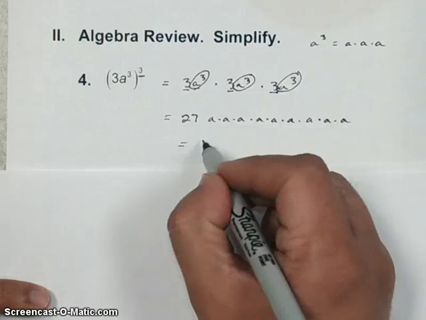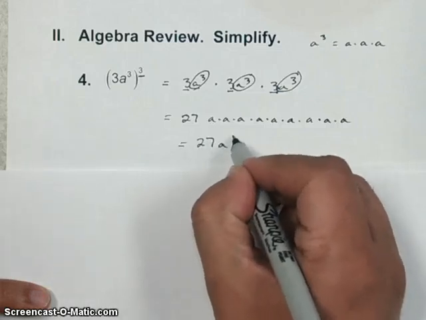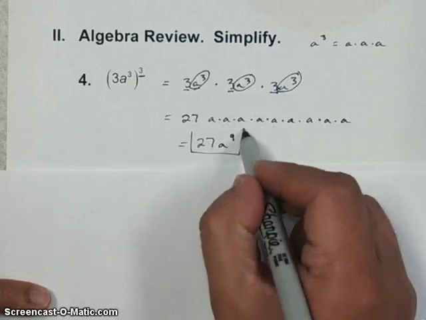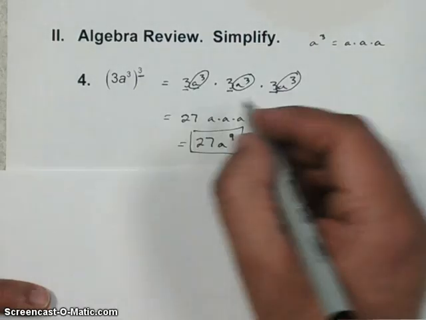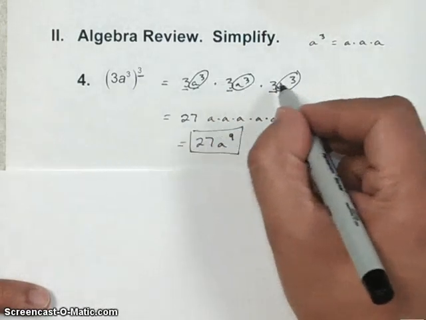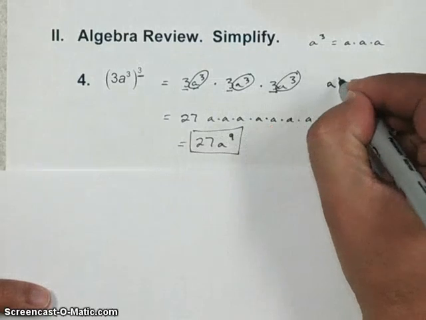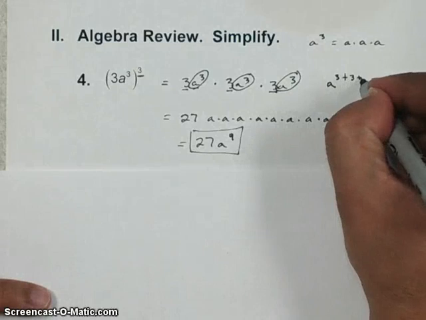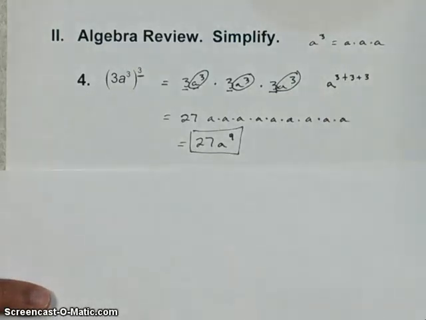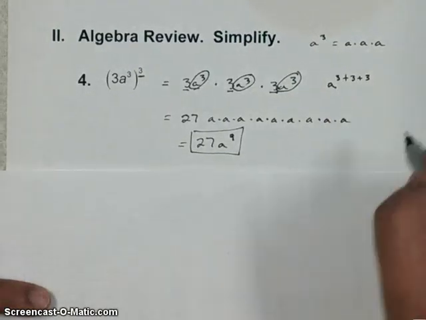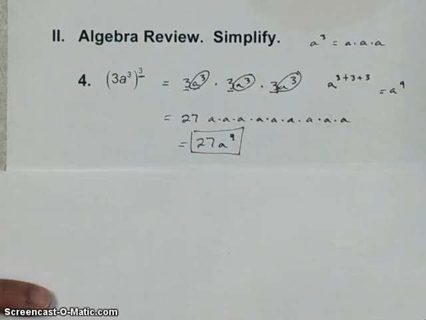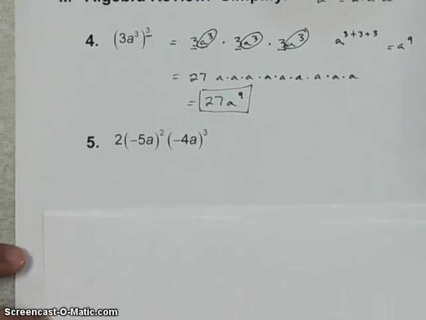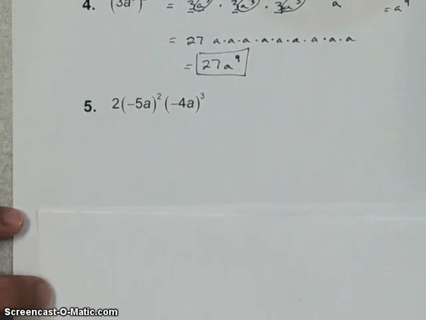So this should actually be 27a to the 9th power. So you add the exponents if it's the same base. The example I'll be checking on your notes is number 5.